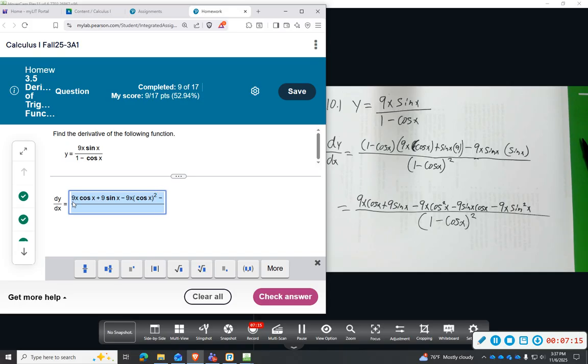So minus 9, so then minus 9, squared all over 1 minus cosine x squared. Provided no mistakes were typed.